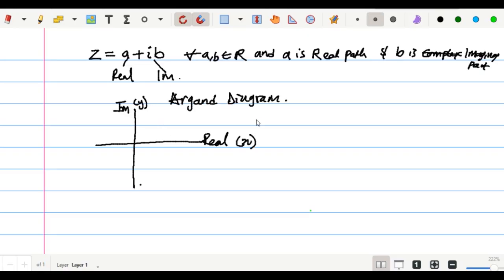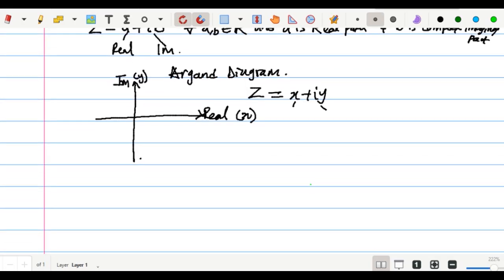So this could be represented as z equals x plus iy. This is the real part, and this is the imaginary part. We're going to be looking at this in more detail as we go on. I just like to bring it up here so you could get acquainted with it from the very beginning.